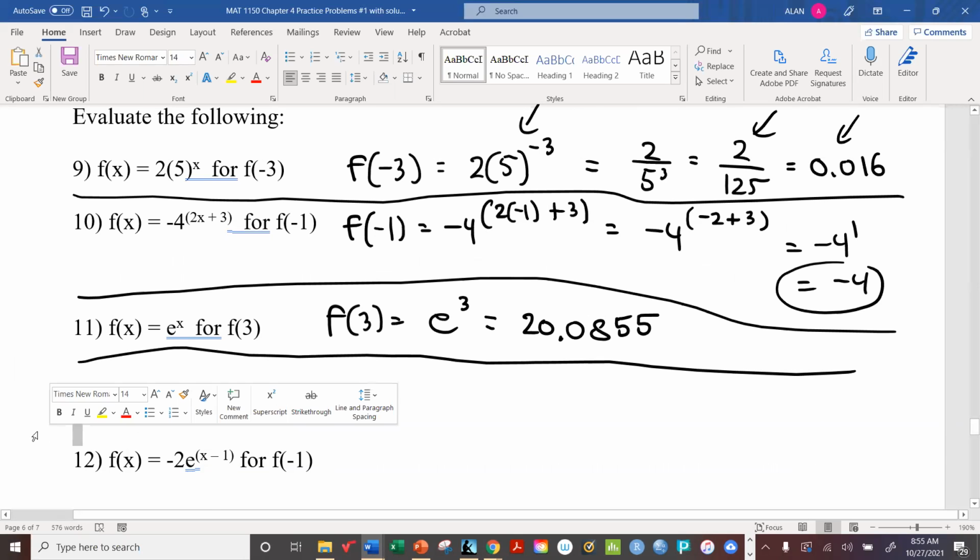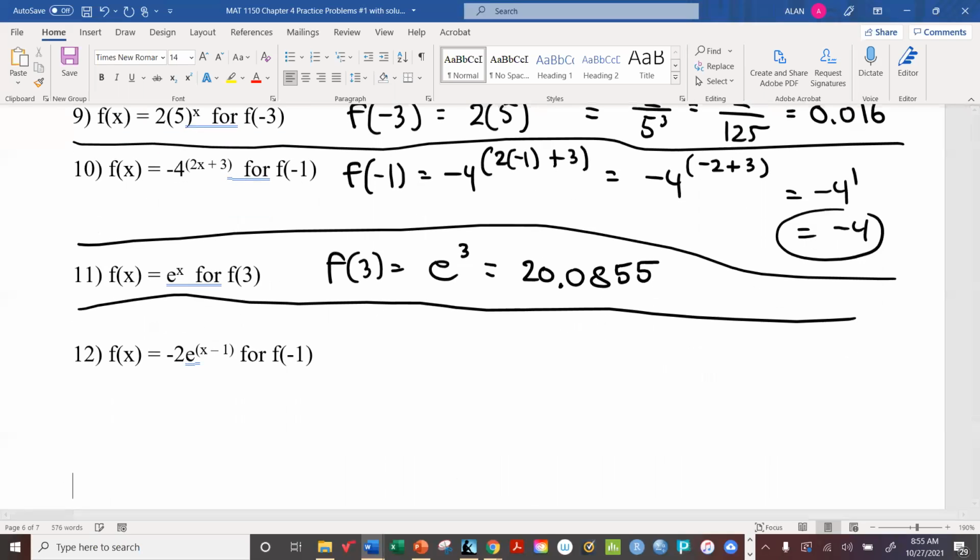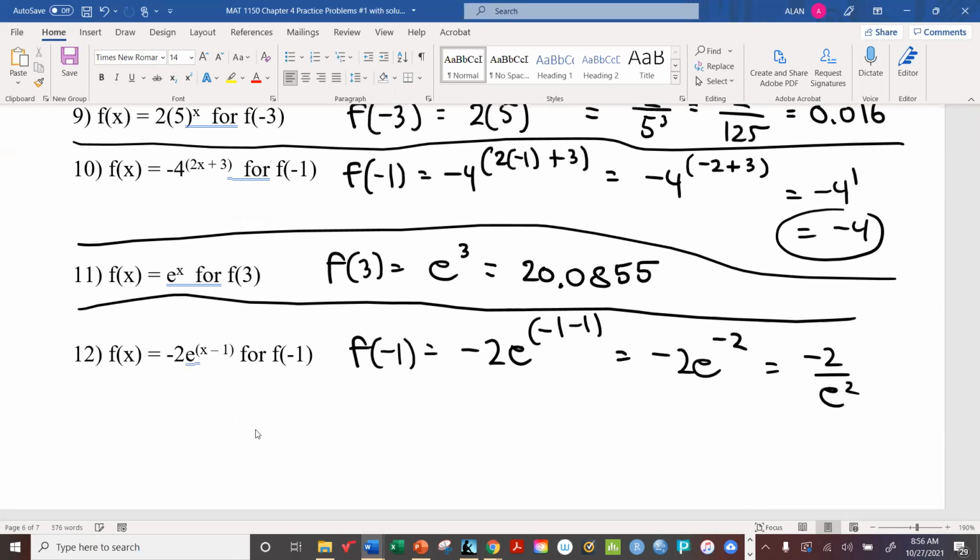And then here you have f of -1 equals -2e to the -1 minus 1. And so keep in mind, this is the equivalent of -2/e squared.